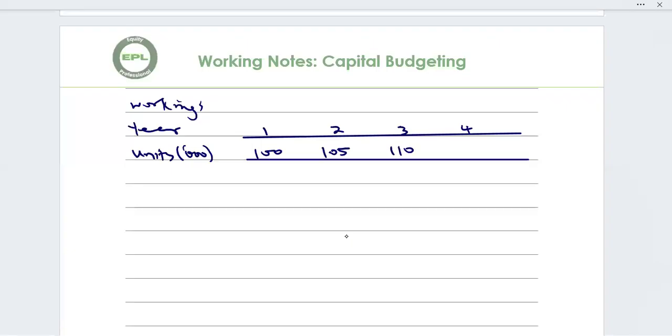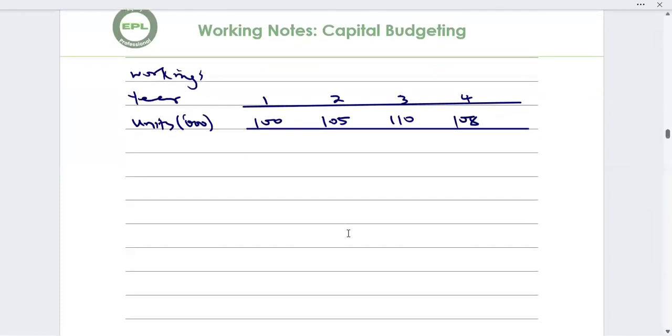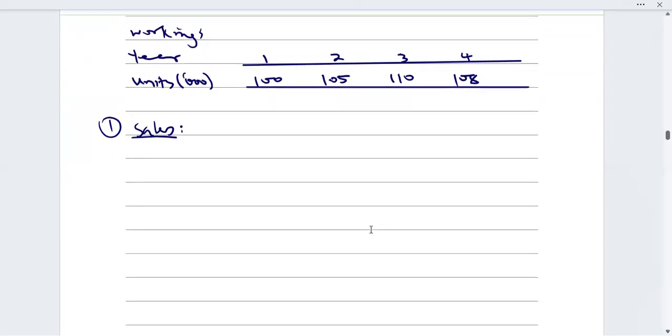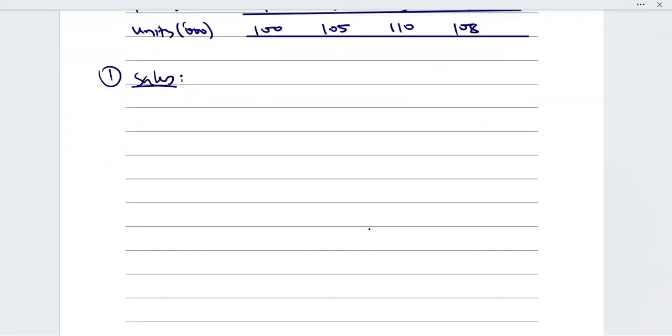The last one is 108. 108 units produced and sold. Then working number 1, sales. I want to determine sales value. To get the sales value, I need to go back to the question to see if I have selling price. Yes, we have selling price. I will then say selling price.